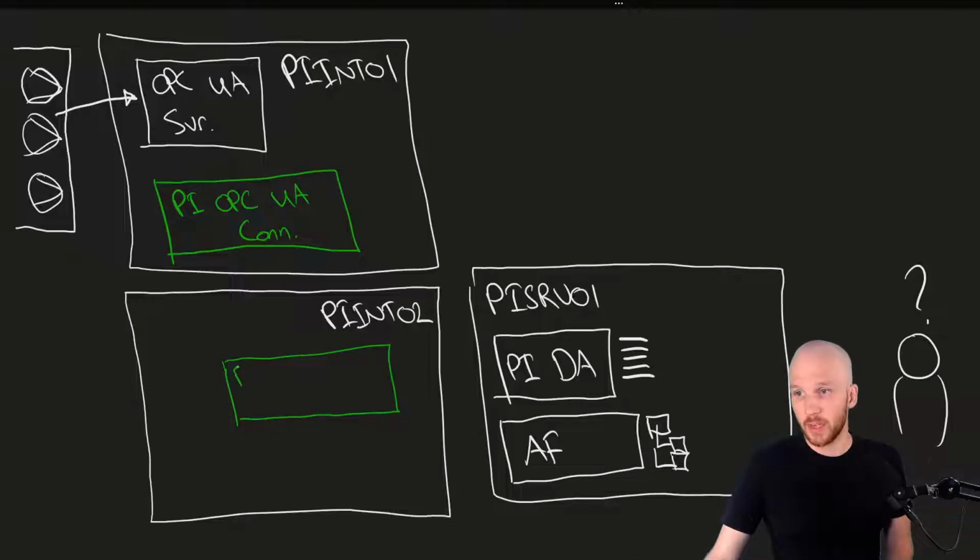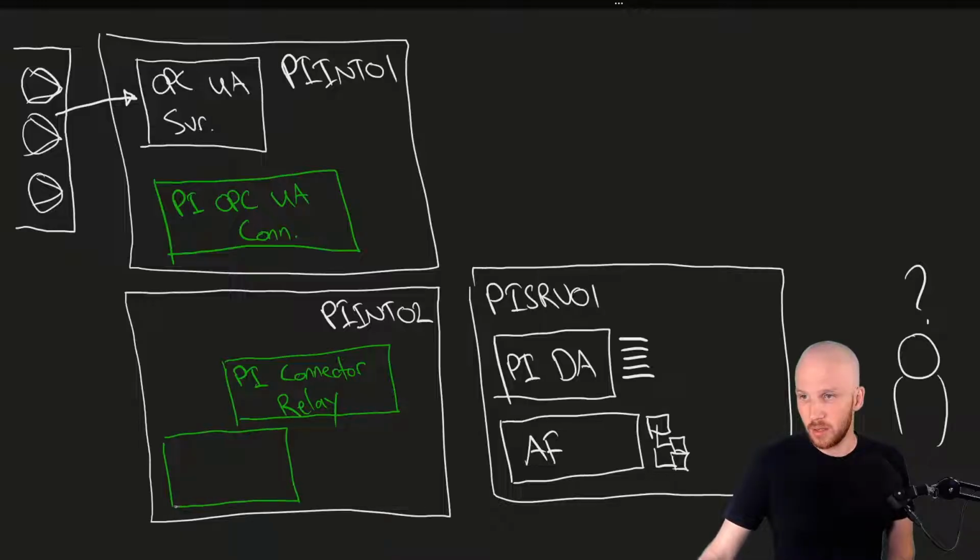They go through a PI connector relay. And when we manage these pieces of software, we use the PI Data Collection Manager. So we're going to install these 3 pieces of software, run the install kits on these machines.